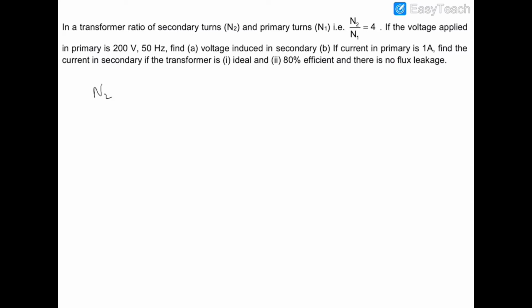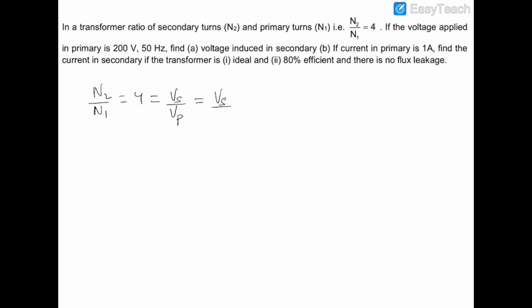So N2 upon N1 is equal to 4 and the output voltage or secondary voltage upon primary voltage is equal to 4. So we have to find out the secondary voltage in the first part.